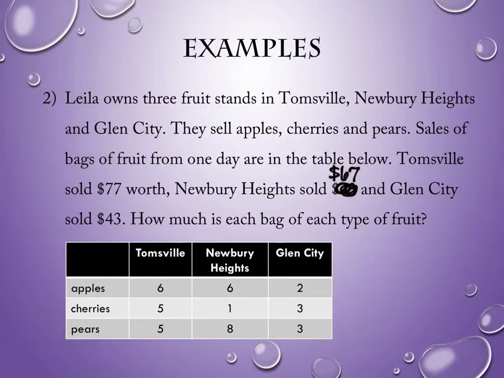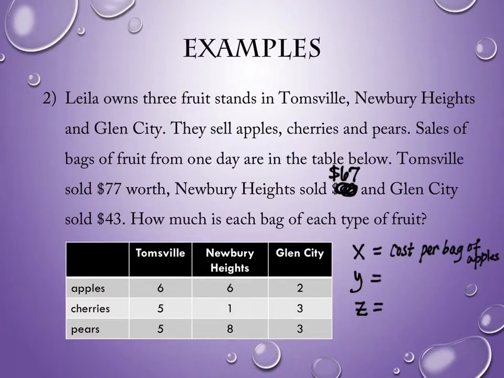Okay, so that's what we're going to end up doing after we define our variables. So we need to have 3 variables because there are 3 types of fruit, and I'm going to use X, Y, and Z. And I'm just going to go in order across or down my table. So I'm going to let X be my cost per bag of apples.